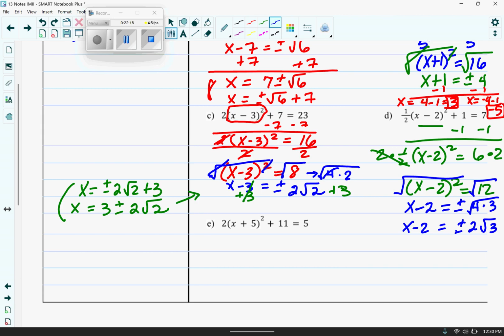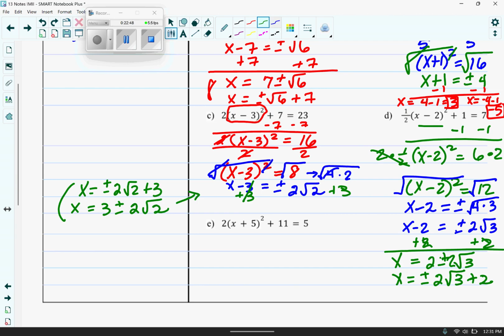And then our last step here, we have to go ahead and add 2, add 2. So now x is equal to either 2 plus or minus 2 radical 3, or you could have x equals plus or minus 2 radical 3 plus 2.